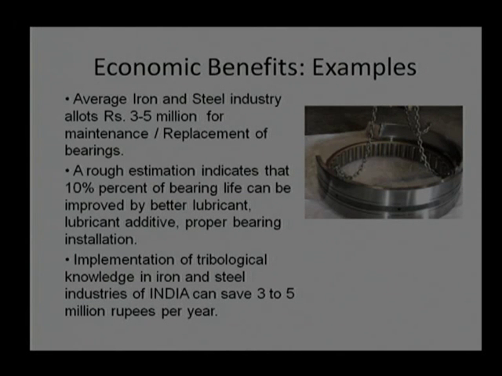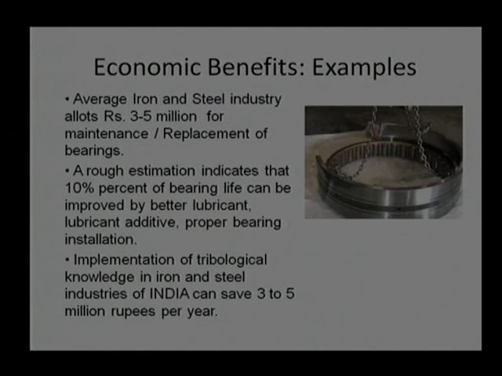All iron and steel industries keep some money for bearing replacement and purchase, kept in inventory. Whenever there is a bearing failure, they simply replace it without diagnosing properly. So, they generally keep 3 to 5 million for maintenance and replacement of bearings. That is a huge amount.